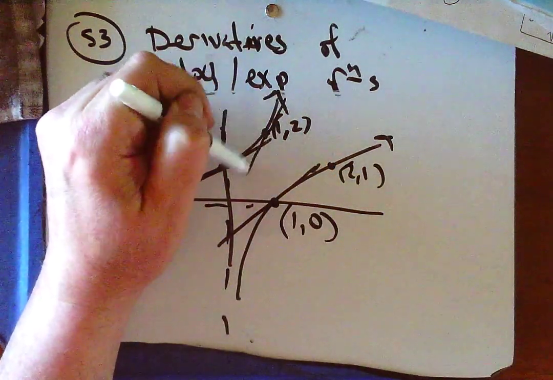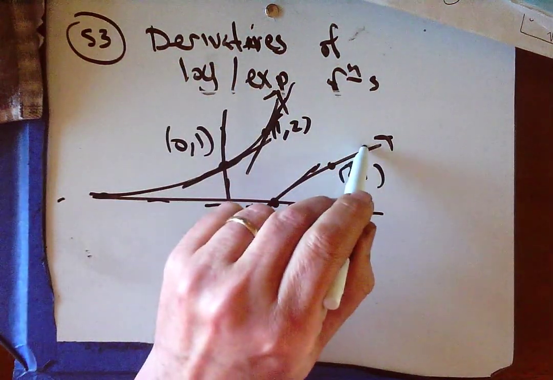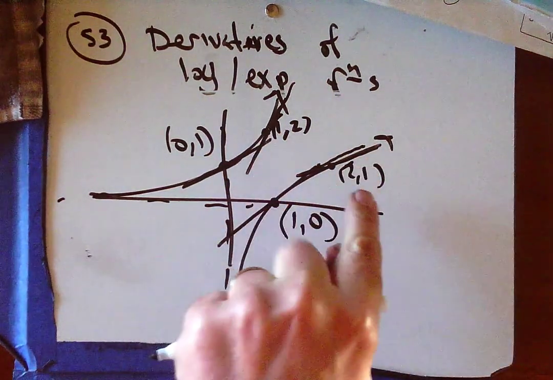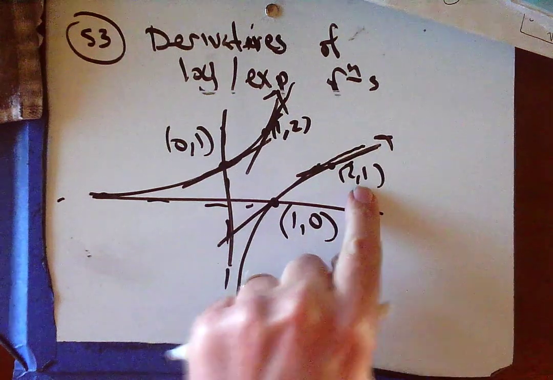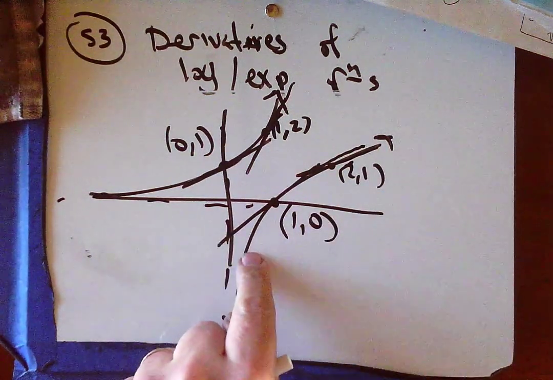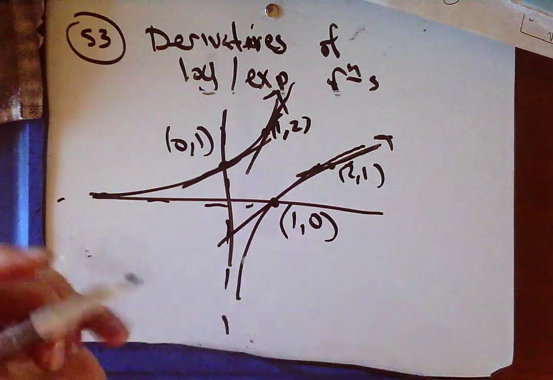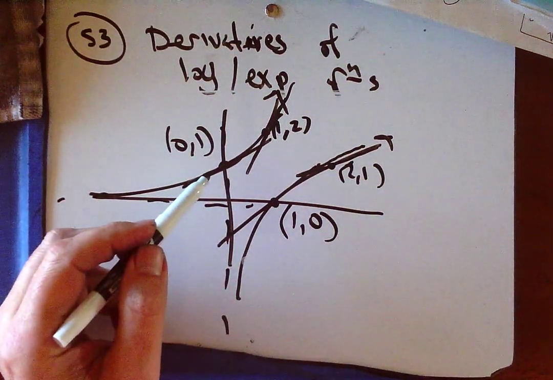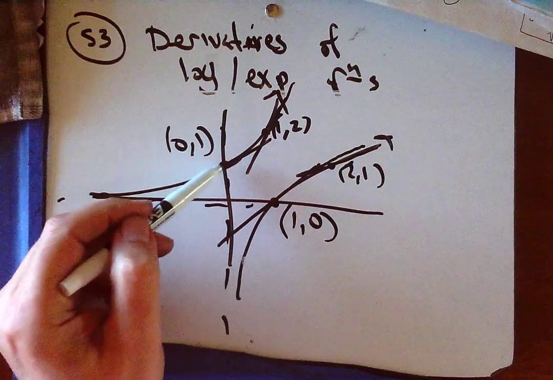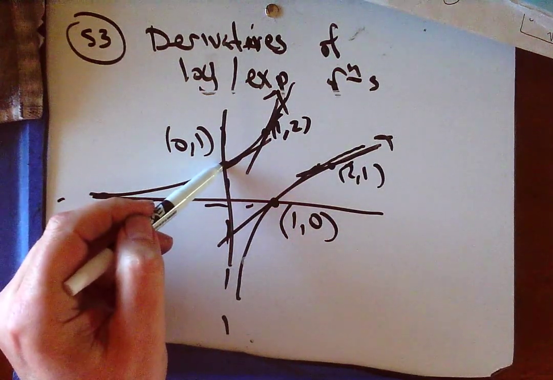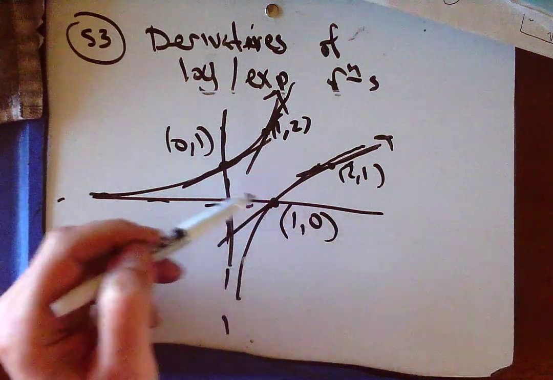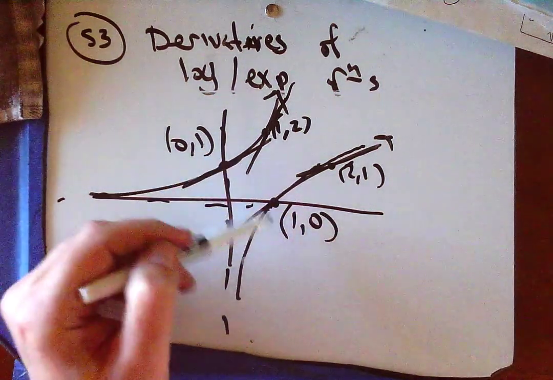I can find the slope here, but what would be true about the slope at the inverse point on the inverse function? Some students want to say, oh, well, if this is a slope of positive 1, then over here I'm going to have a slope of negative 1. And that's not true because both of these are positive slopes.